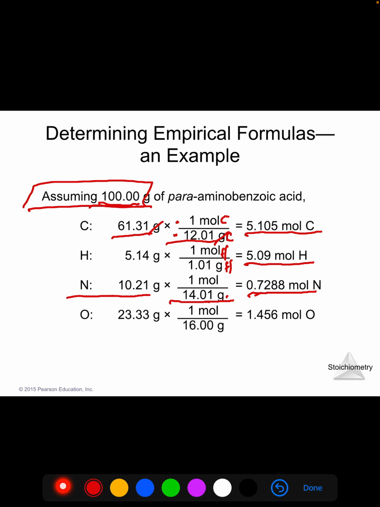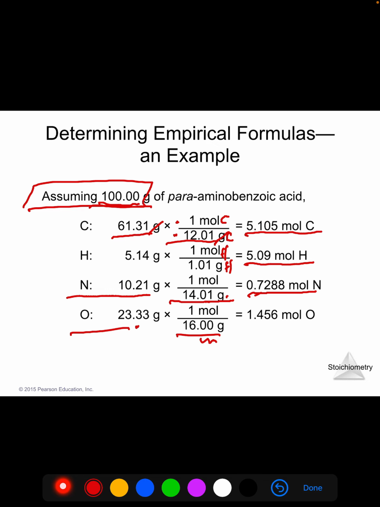And similarly with oxygen, oxygen has an average atomic mass of 15.999 something. But we use 16, and it is 16 out to 2 places beyond the decimal. So, if it's 23% oxygen and you have a 100 gram sample, that means 23 grams of that sample is oxygen.